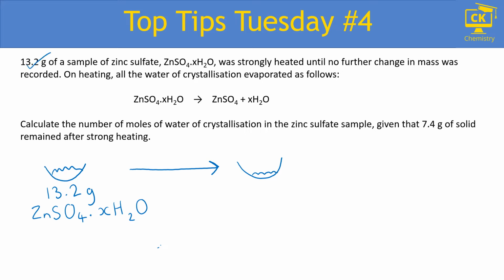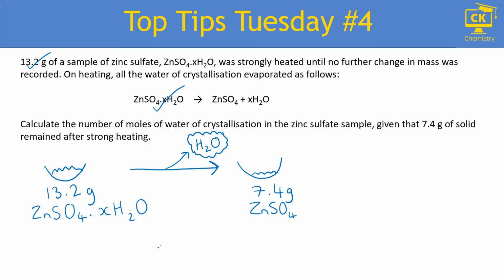So I've used that information, 13.2. I've used the information about what it is, ZnSO4 with some water, and as I heat it, what's happening is the H2O is leaving as water vapour, and I'm left behind 7.4 grams of ZnSO4.